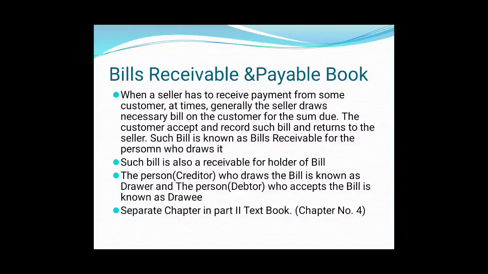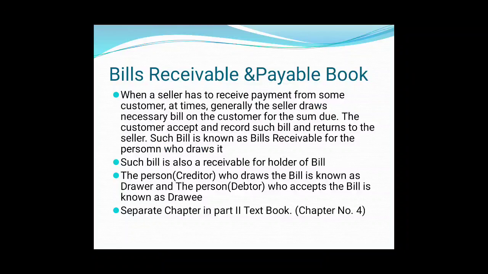So basically, bills receivable and payable is a transaction which takes place between two persons who have a debtor and creditor relationship, where one has to collect an amount from another on a future date.